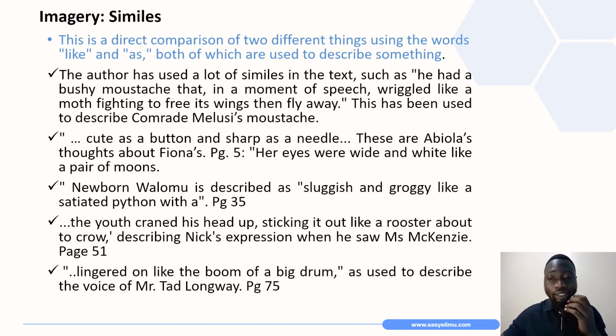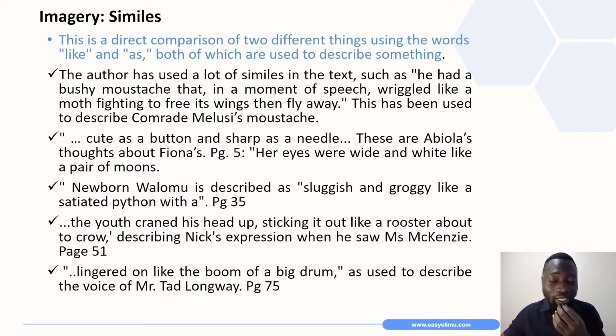So dear students, remember that under imagery we have similes, metaphors, and personification. Imagery is simply the use of visual descriptive language, a language that expresses ideas or describes a situation.